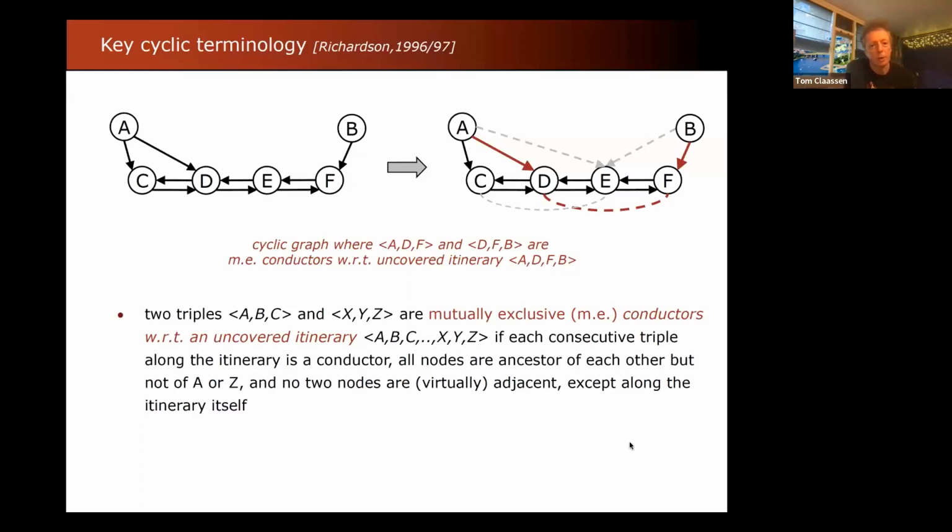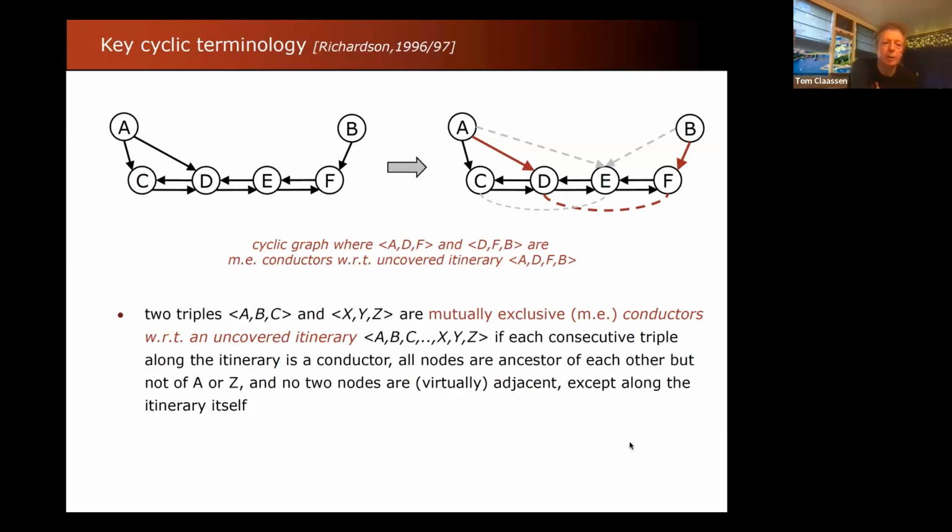And we don't need to go into too much detail, just to mention this notion. We have the concept of mutually exclusive conductors with respect to an uncovered itinerary. So you have two conductors, these triples, connected by an uncovered itinerary. In the top part on the left-hand side, you see the cyclic graph.